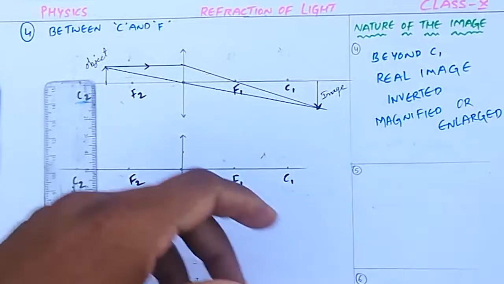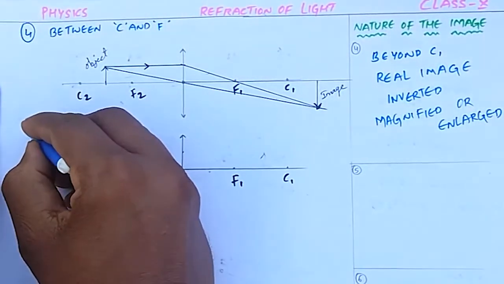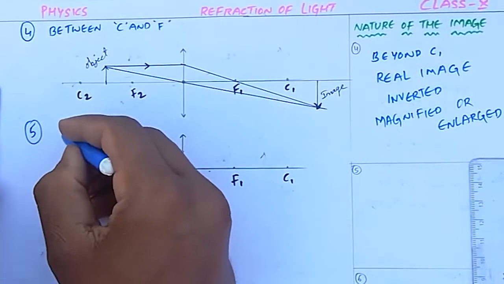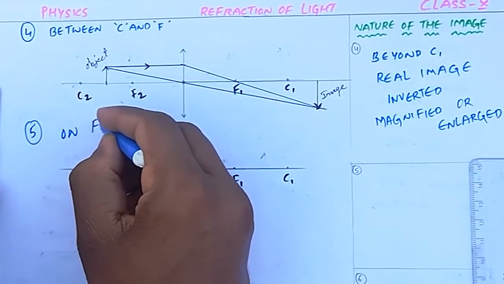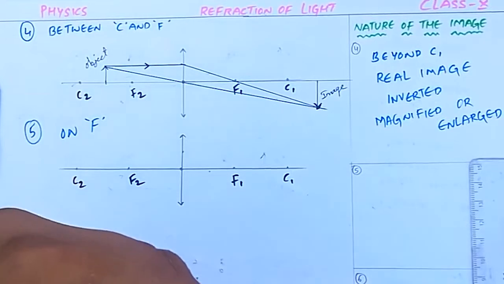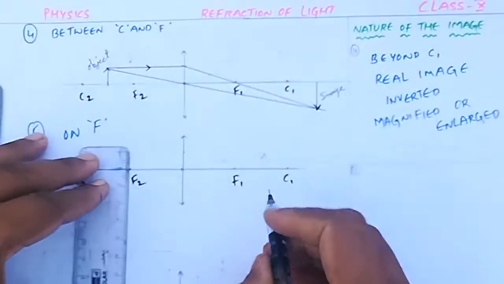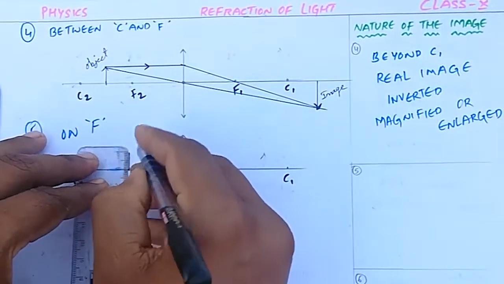Okay, now the fifth position. Between C and F is completed. Now on F, if we place the object, we'll see where the image will form. On F I am taking a 1 centimeter object.